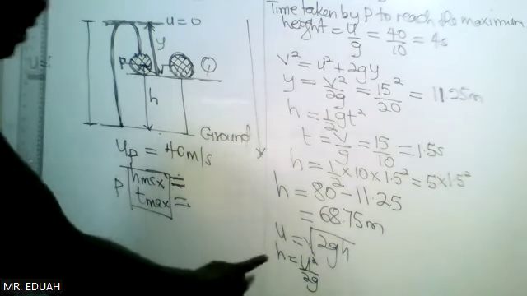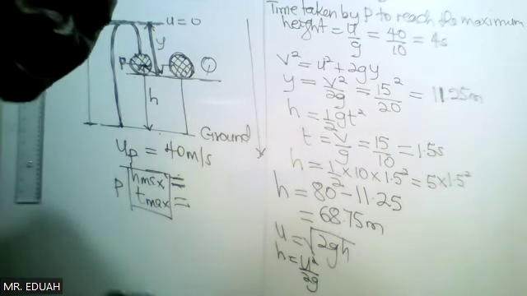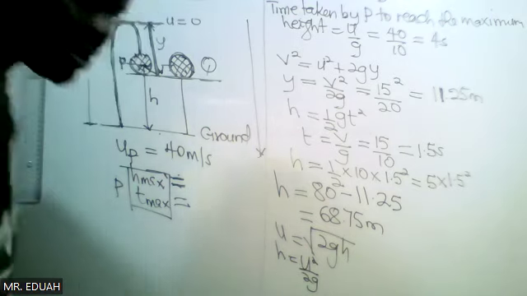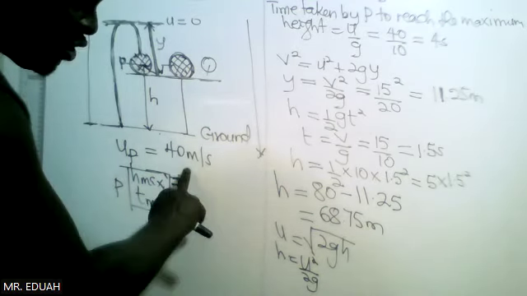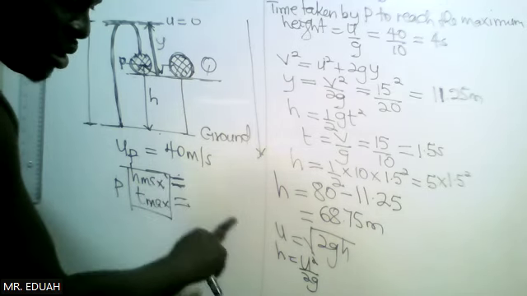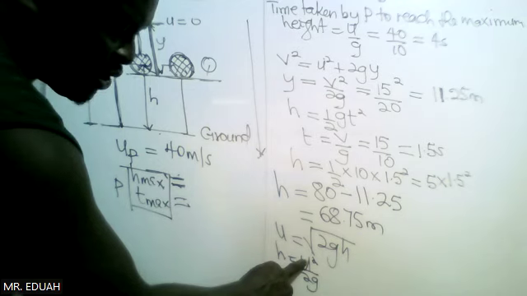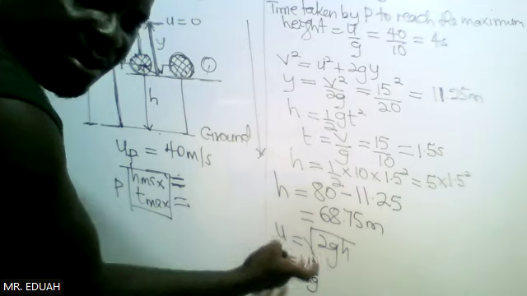Now, the maximum height of a body depends on its initial velocity. So if the initial velocity of P is 40, and let's say the initial velocity of Q is 50, you don't expect the same maximum height.